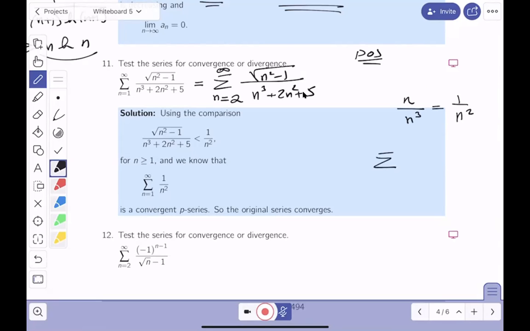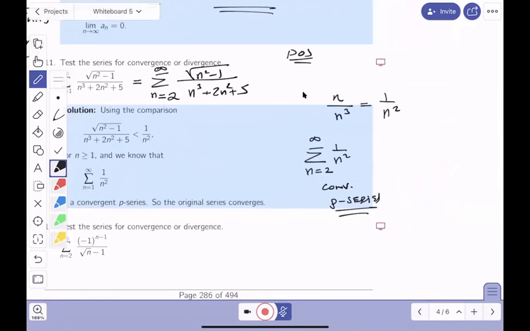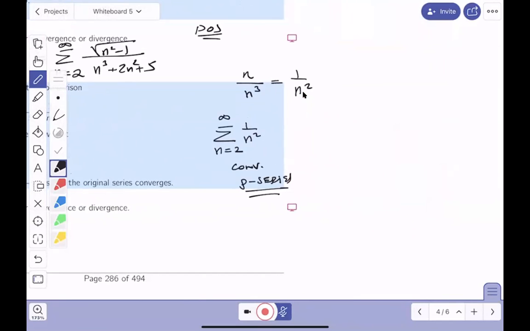So what do I know? I know the sum from n equals 2 to infinity of 1 over n squared is a convergent p-series. Yeah, that's something we should know about. Then what am I going to do? I'm going to do a comparison test. See how I can do it. Let me write this down. You could do the limit comparison test too if you want.